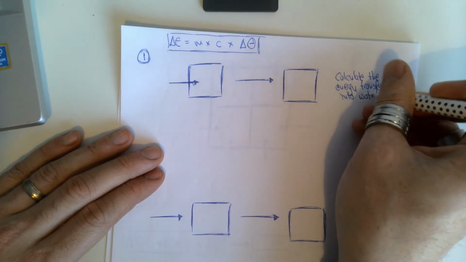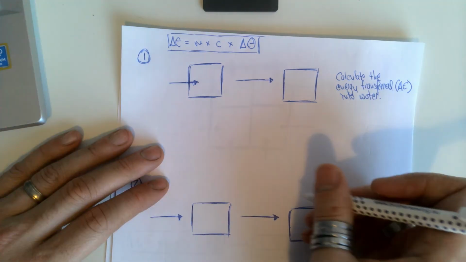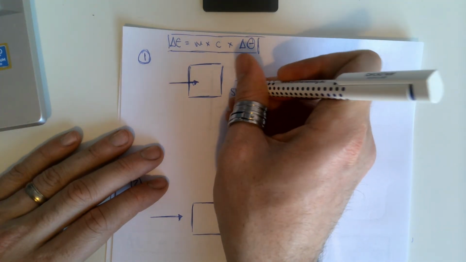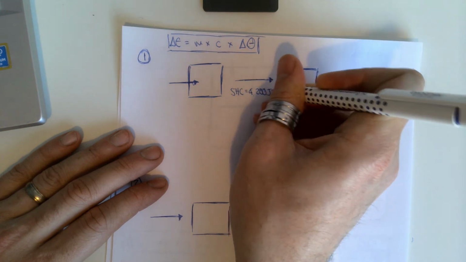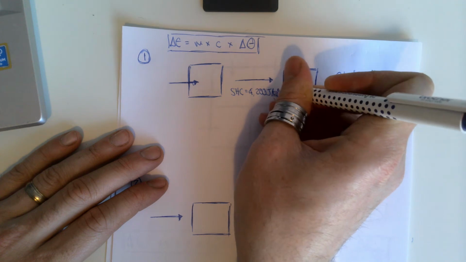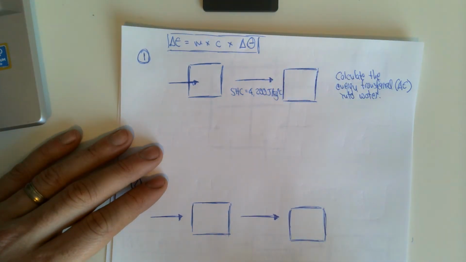We're given certain bits of information. Our specific heat capacity of water is 4,200 joules per kilogram degrees Celsius. We know that. That's a set figure for water.